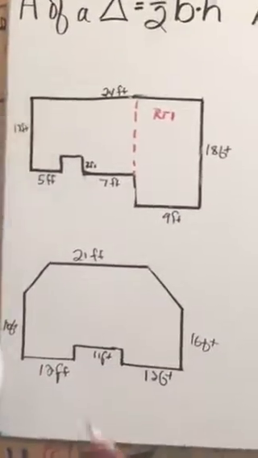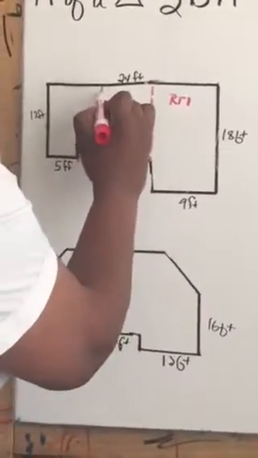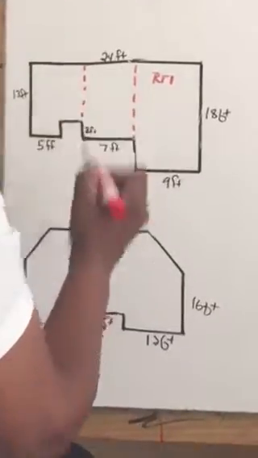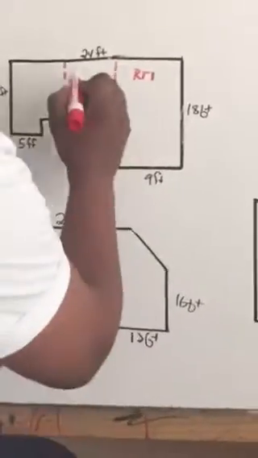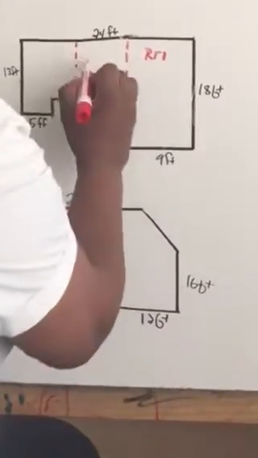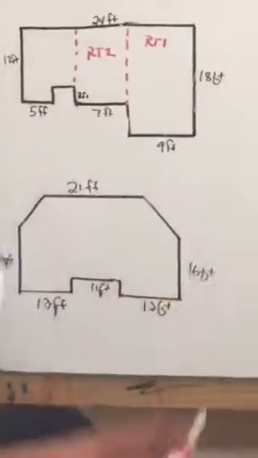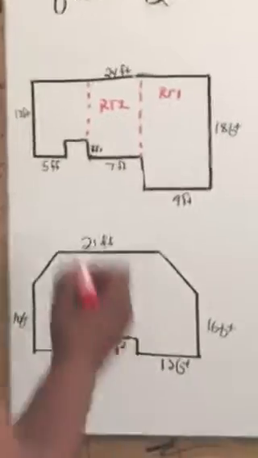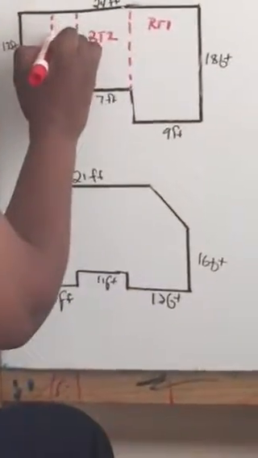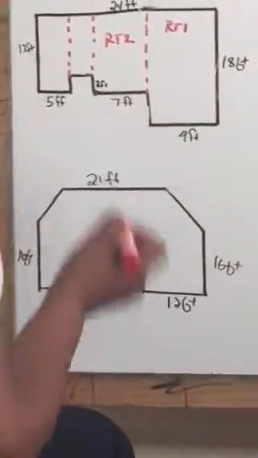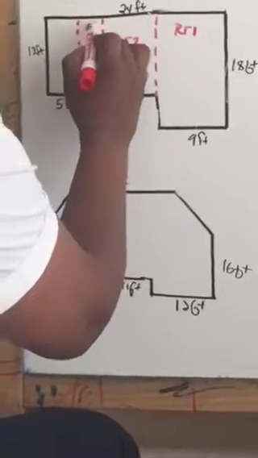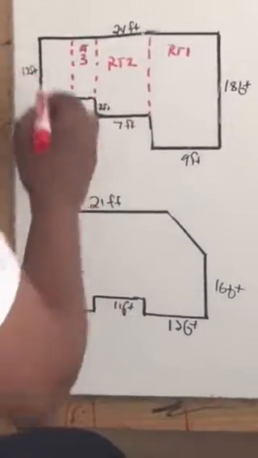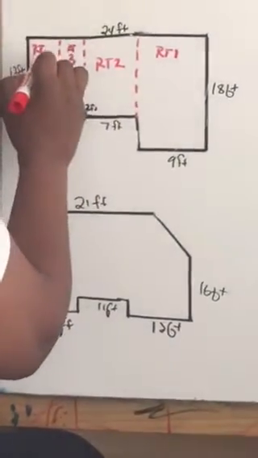I know that I can break this down into rectangle 2, and it's still an irregular shape right here. So I will break this down into rectangle 3. And then we have 4 left.